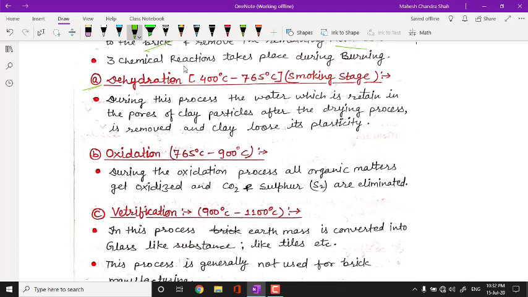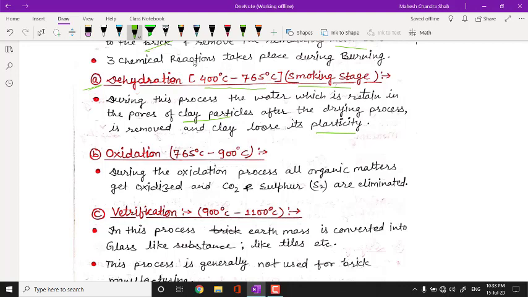First is dehydration, which takes place in the temperature 400 degrees Celsius to 765 degrees centigrade, and it is also known as smoking stage. During this process, the water which is retained in the pores of clay particles after drying is removed and clay loses its plasticity.